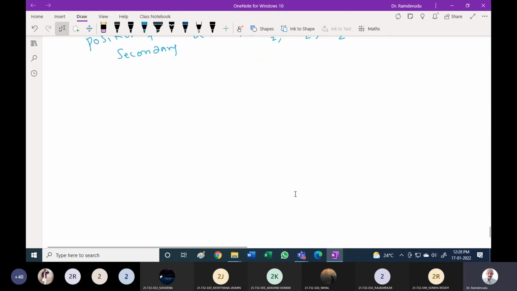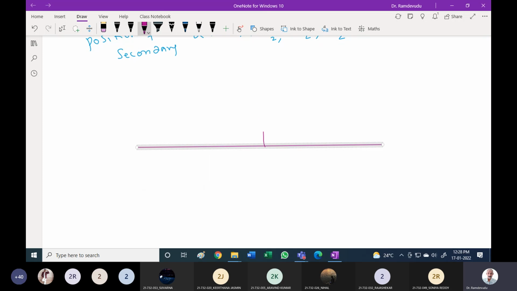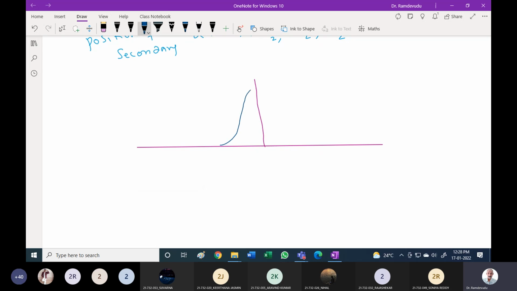Hence, if I want to draw a curve for the entire diffraction, here I will get the maximum. Suppose I draw here, this will be the central maxima, for theta equal to 0, we have seen it.